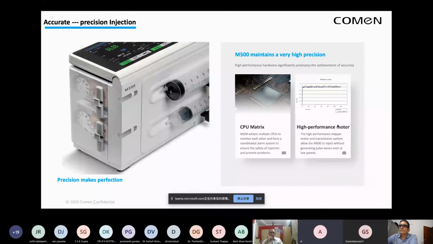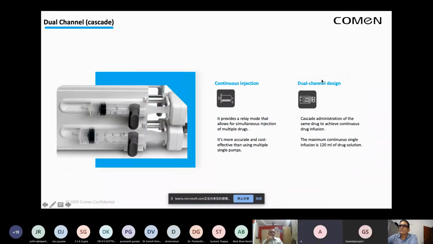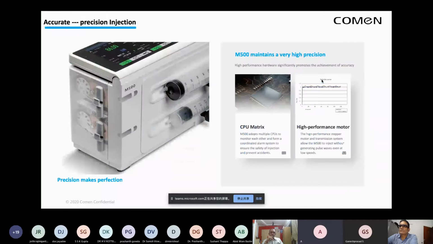High performance motors. Let's see these pictures.